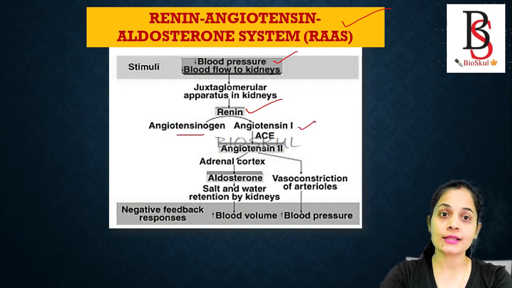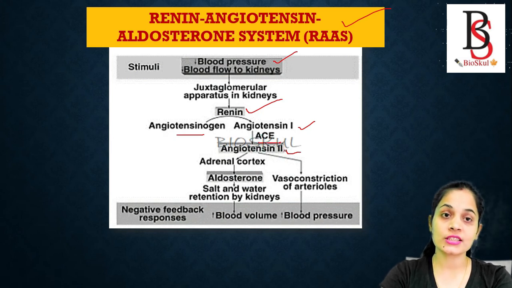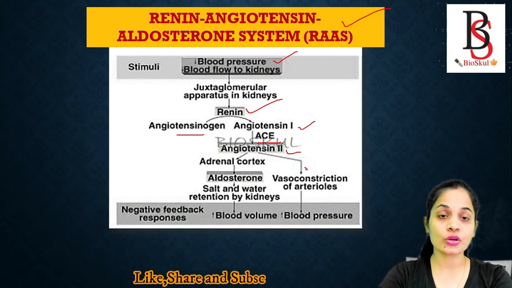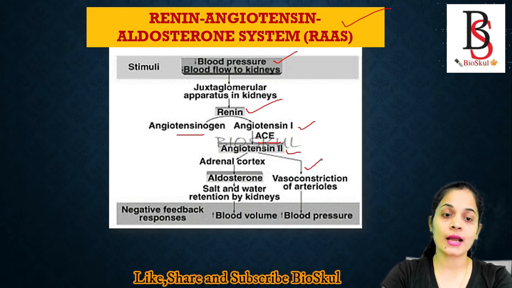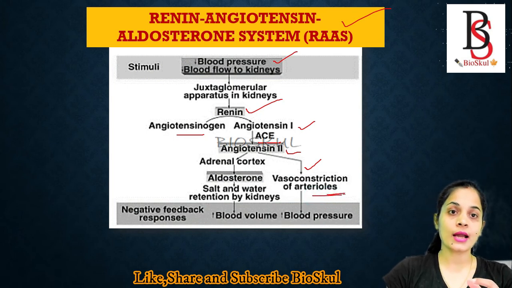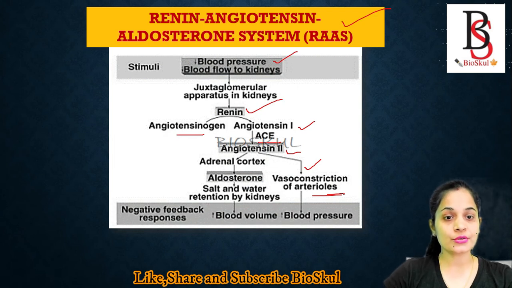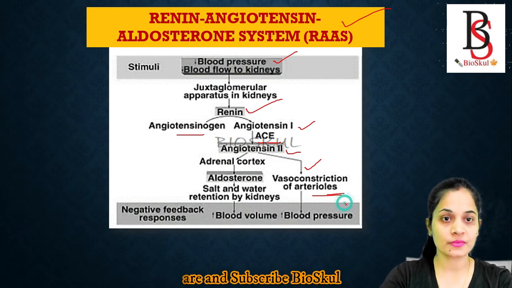Then angiotensin 1 is converted into angiotensin 2 by angiotensin converting enzyme. This angiotensin 2 is a vasoconstrictor. It causes vasoconstriction of the arterioles, and when the arteriole gets constricted, it increases the blood pressure.